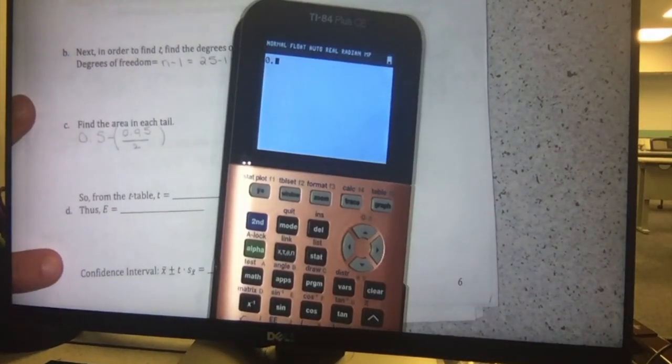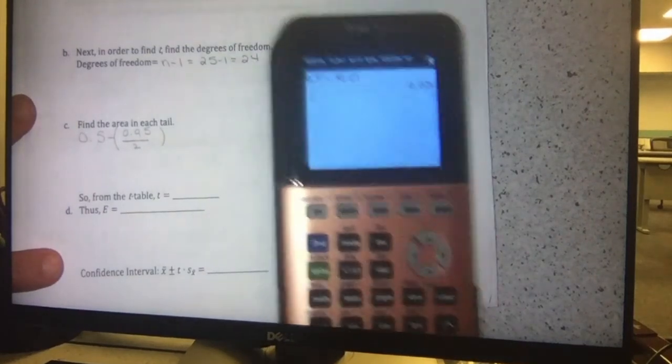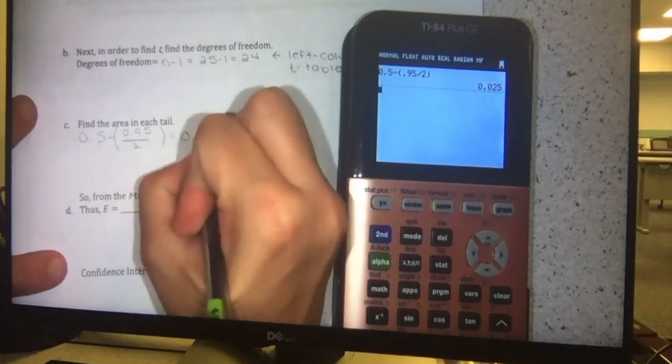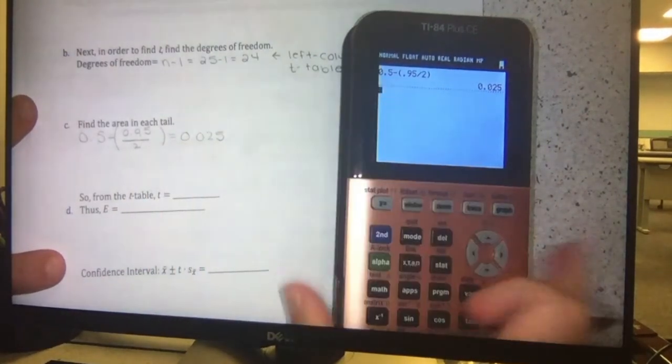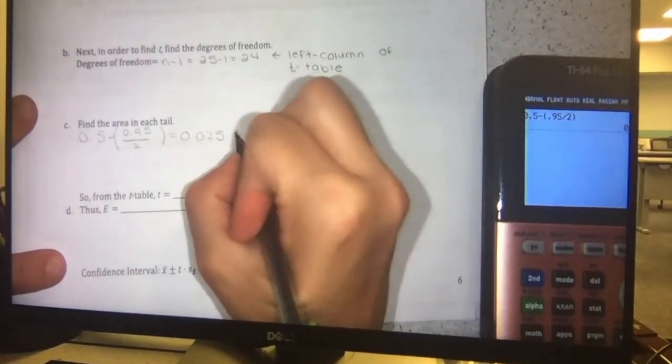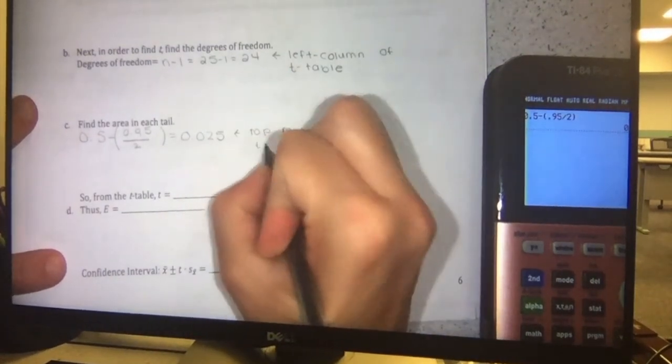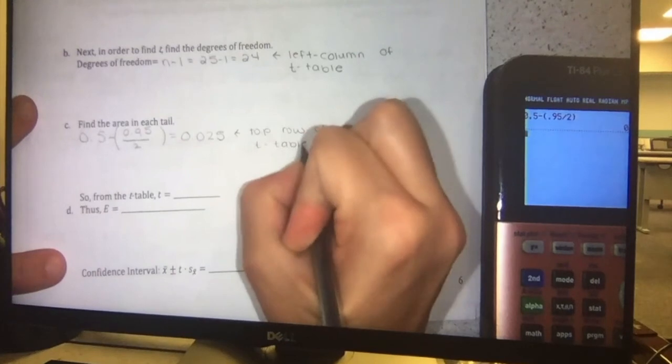So 0.5 minus 0.95 divided by 2, and that will give us 0.025. And this is going to be the top row of our t table.